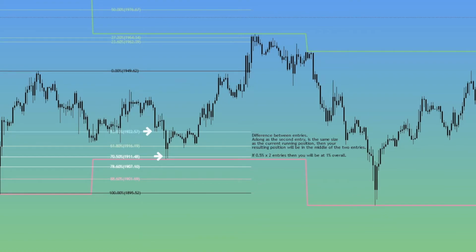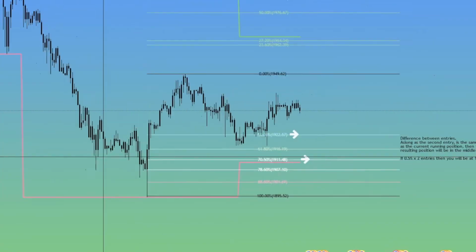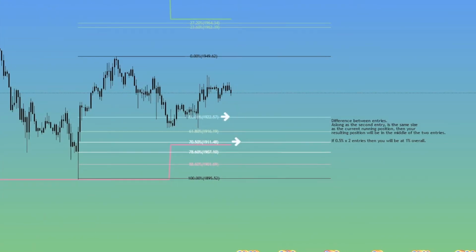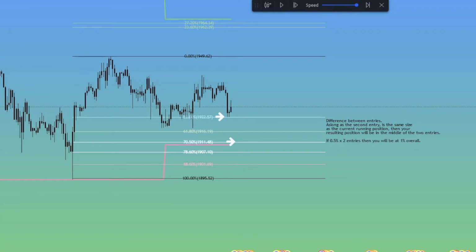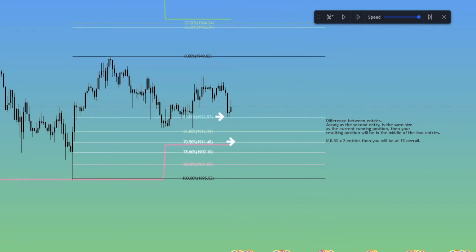Using the same tool, let's do it on replay because it's going to be a lot clearer. Here's the price, and as price comes down, it's just bounced off the 50% level, so we're going to take an entry here.